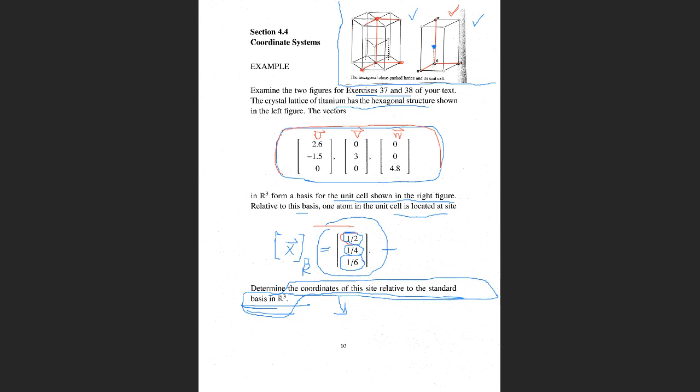So relative to this new basis, one atom in the unit cell is located with coordinates 1/2, 1/4, 1/6. Now what we want to do is determine new coordinates, the coordinates of this site relative to the standard basis that we know and love. So how do we denote a vector in R cubed?